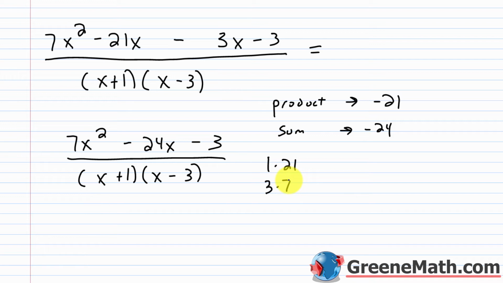I can't play with 1 and 21. I can't play with the signs and make that sum to negative 24. I also can't play with the signs with 3 and 7 and make that sum to negative 24. So this is a prime polynomial up here in the numerator. I can't factor it. And so what I'm going to say here is that this is simplified. We have 7x squared minus 24x minus 3 over the quantity x plus 1 times the quantity x minus 3.